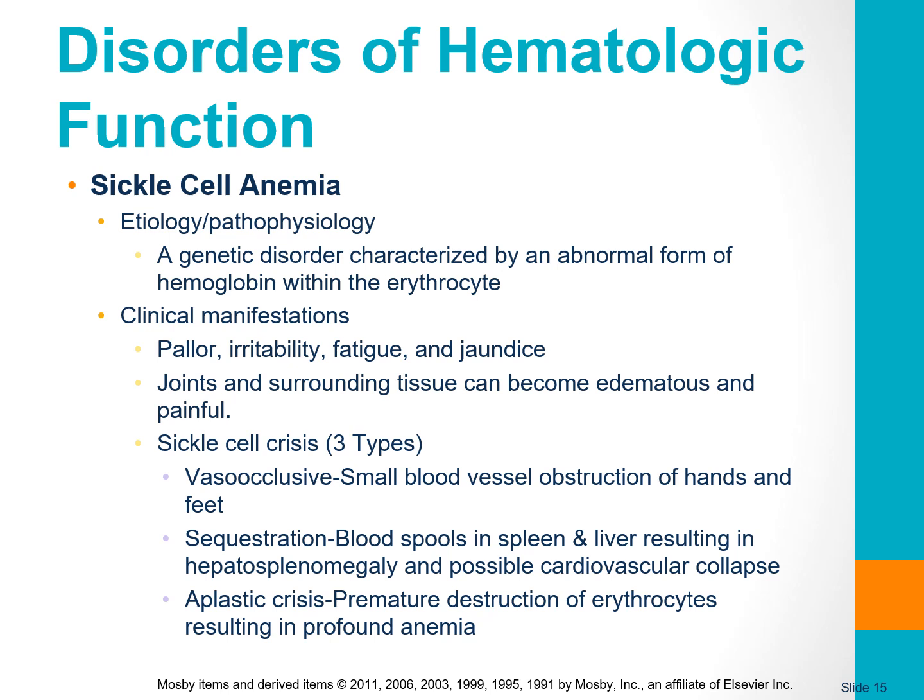So how do children manifest with this? As the red blood cells have difficulty traveling through capillary blood systems, they present with irritability, fatigue, joint pain. It's most common in African American populations, in 1 in 500 kids. Why does it happen?